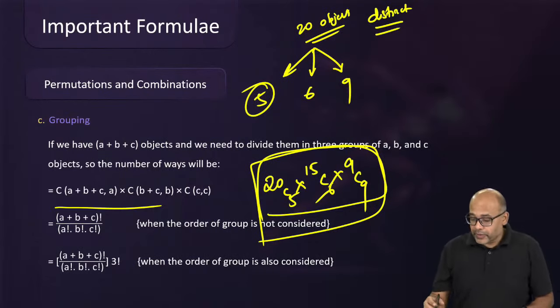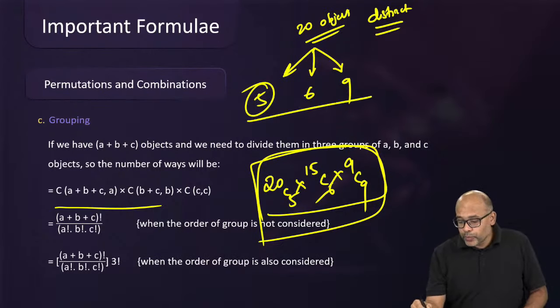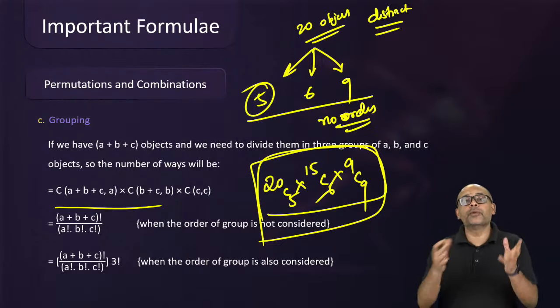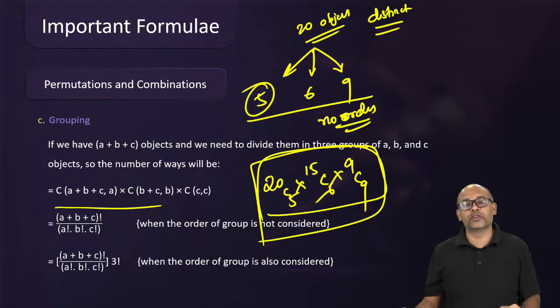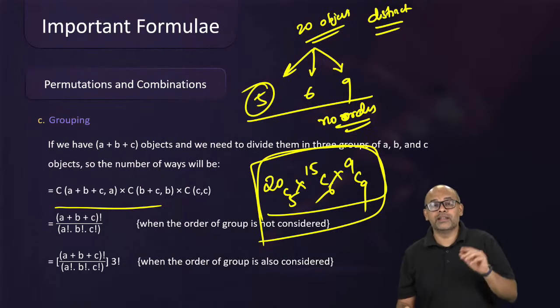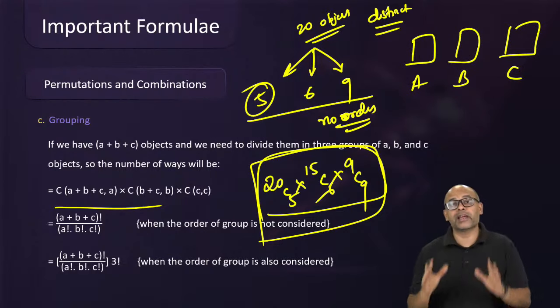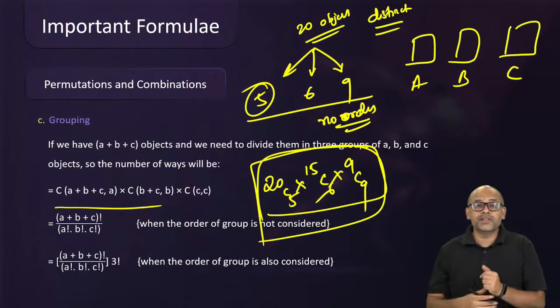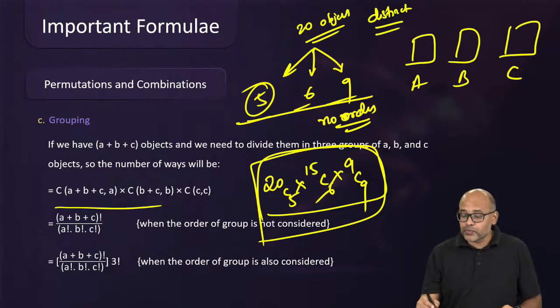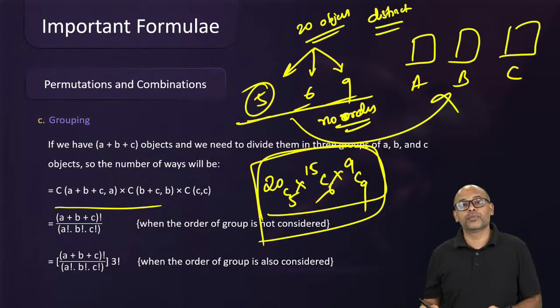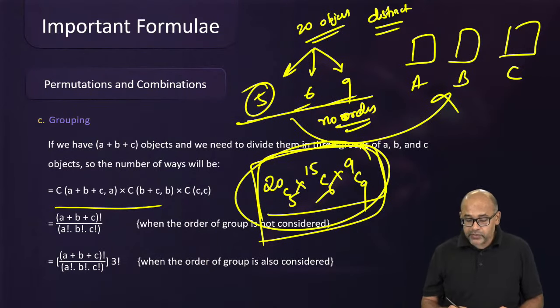Okay. Now here, the groups have no order. I'm just forming the groups, not giving any name to the groups. But now imagine there are 3 classrooms: classroom A, classroom B and classroom C. The question is, I have to form these 3 groups and send them to the classrooms also. Forming can be done in this way.